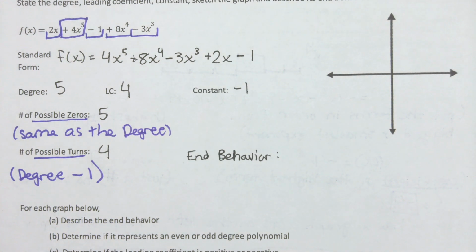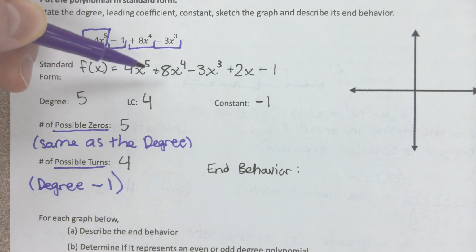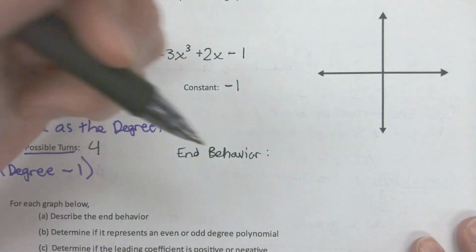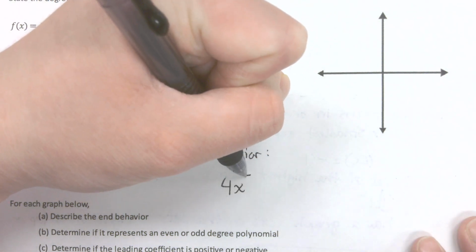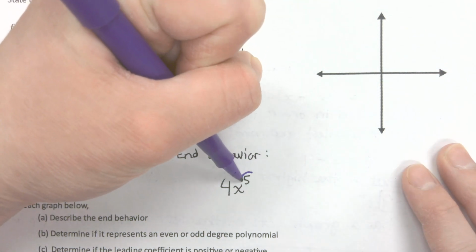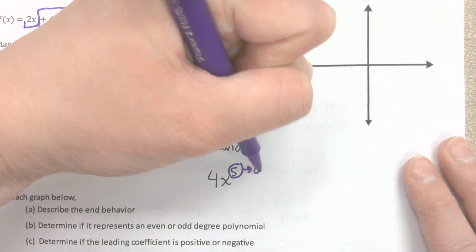So how do we find that? We take that leading term that we placed when we went in order, and it's 4x to the 5th. We have to figure out even or odd and positive or negative. So the even or odd, that comes from the degree, the exponent. 5 is odd.